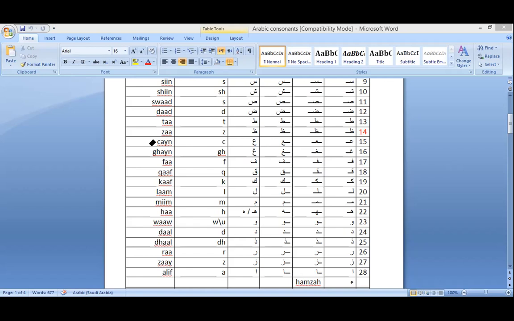That's good. Yes, Riaga. Alif, Ra, Fa, Qaf, Kaf, Lam, Mim, Ha, Waw, Dal, Dhal, Ra, Za, Alif. That's right. Yes, Ruwaida. Alif, Ra, Fa, Qaf, Kaf, Lam, Mim, Ha, Waw, Dal, Dhal, Ra, Za, Alif.